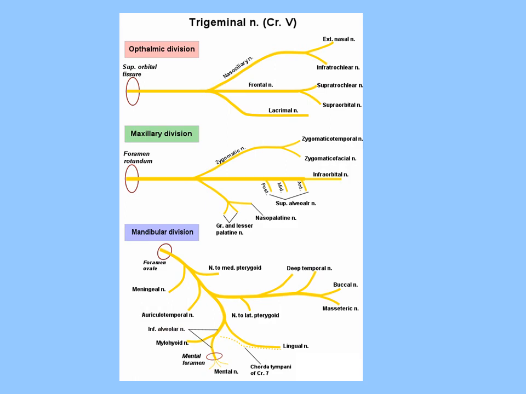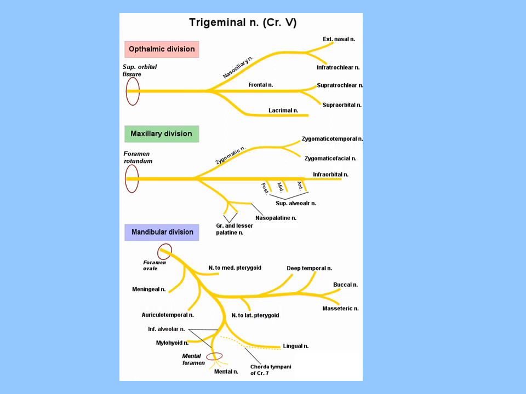The lacrimal nerve is the nerve to the tear ducts. In the next slide, we'll be pointing out the divisions and the nerves that come from the ophthalmic, maxillary, and mandibular division as they relate to sensation from the face. This is also the handout you received in class today.